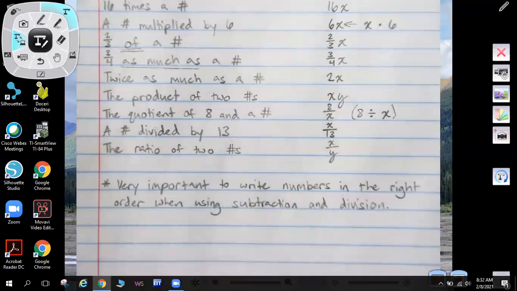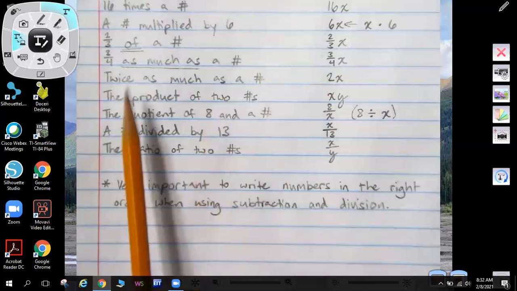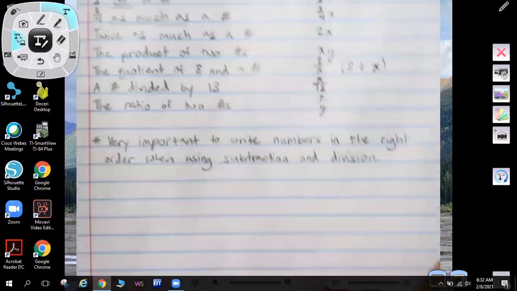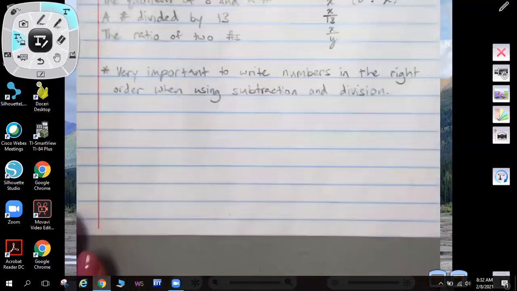Okay. We are going to look at some longer sentences now. Instead of just these verbal expressions, we're going to look at some written sentences, and we're going to translate those into actual equations. So instead of just expressions like this, we're going to look at how to write an equation based off of words that you're given.